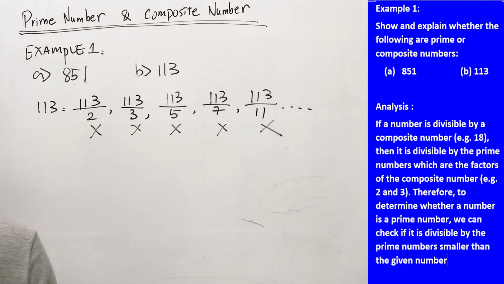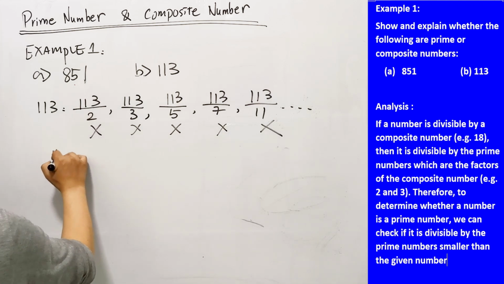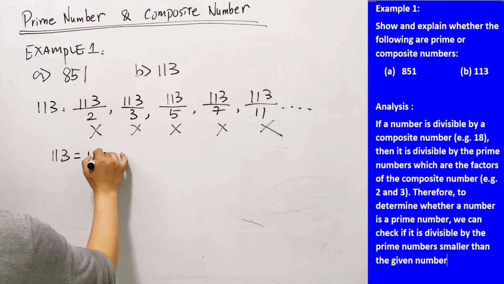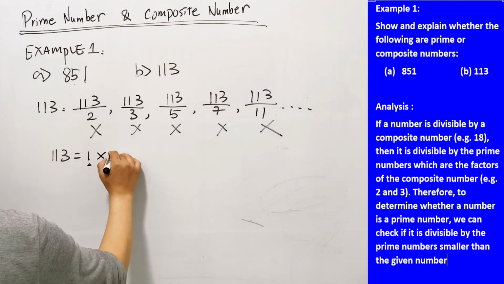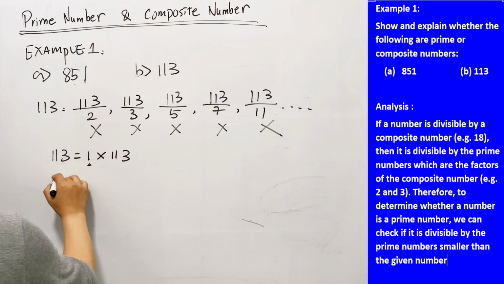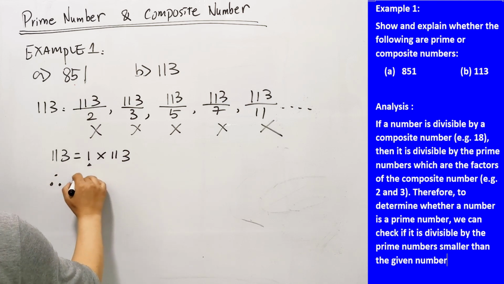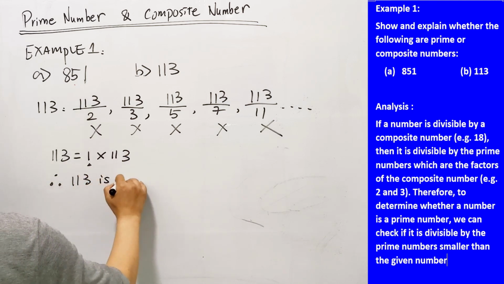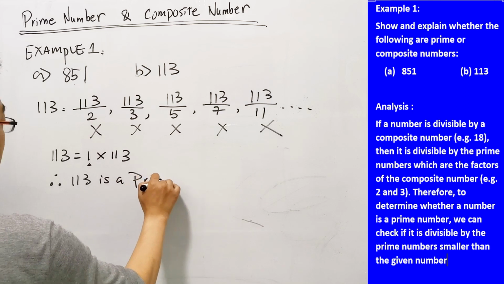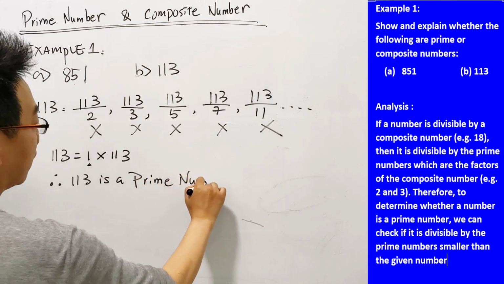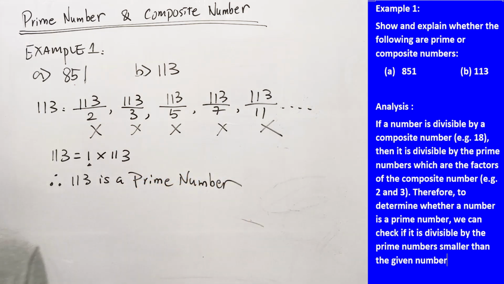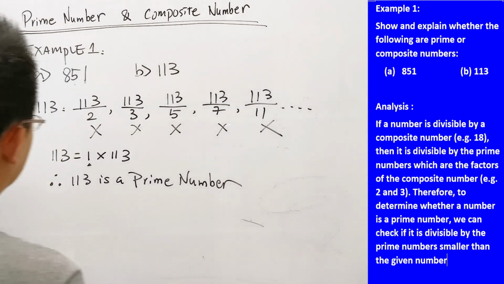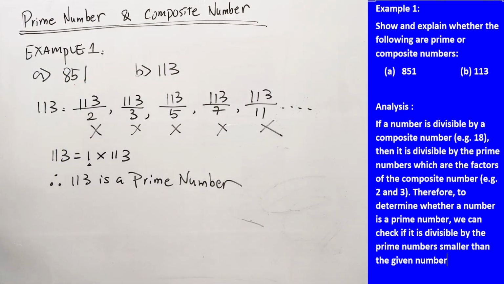It is only divisible by 1 and itself. So therefore, 113 is a prime number. So that is the answer. So this is example 1.